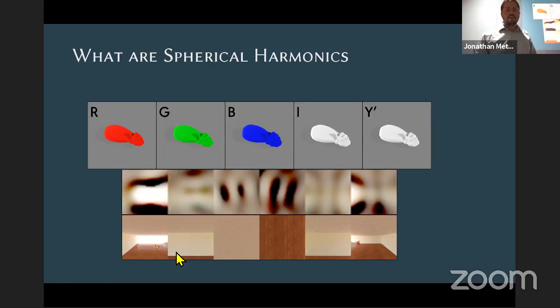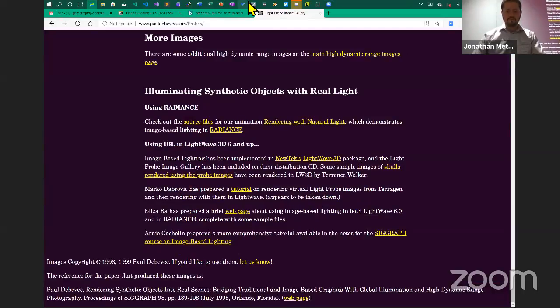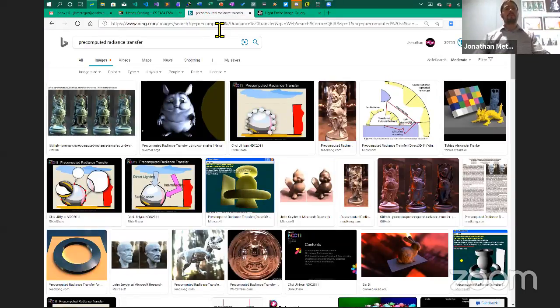And then how do we light an object with this spherical harmonic? You can pick the surrounding ones. That's how you do the interpolation.